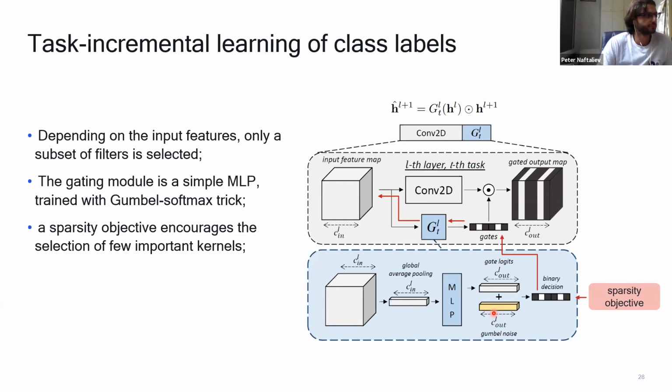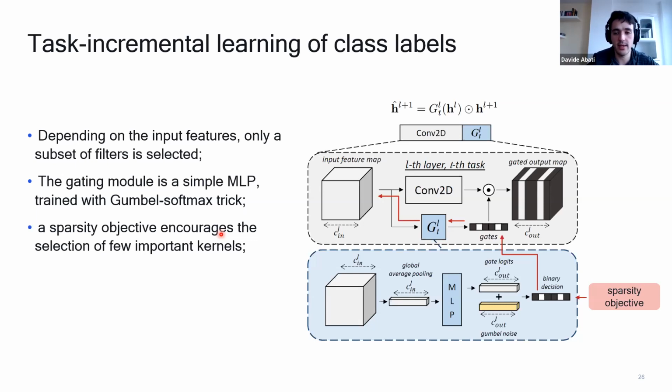On this vector, we will apply a sparsity objective. We will ask this gating module to be very selective in the selection of filters. So we want to select, during training, as few filters as possible. This gradient just gets backpropagated throughout the network. This sparsity objective will be an L1 objective, meaning that regardless of the input, it asks the gating module just to turn off gates.